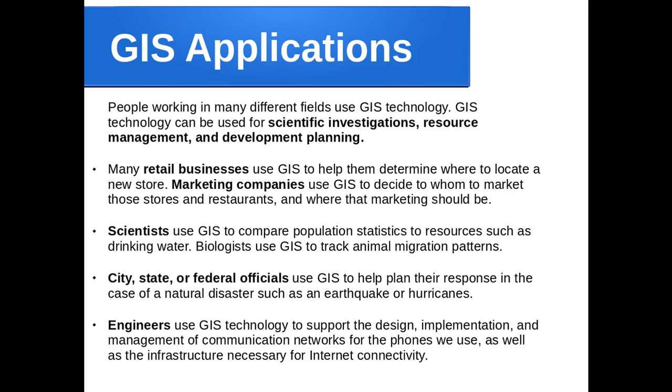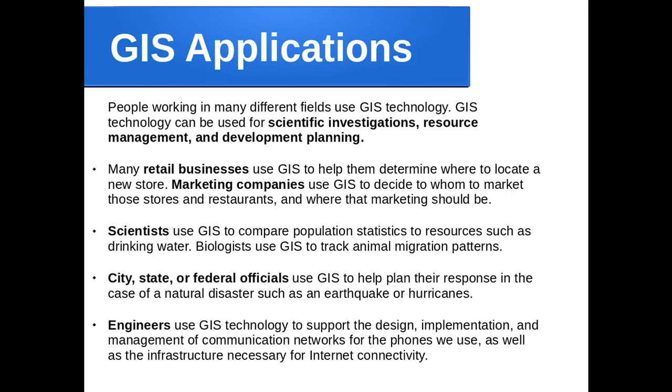For instance, retail, businesses, and marketing companies can use GIS in order to determine where to locate a new store or even where to open any other kind of entities, such as a restaurant or a place that is managed in partnership, or any other information of their interest.